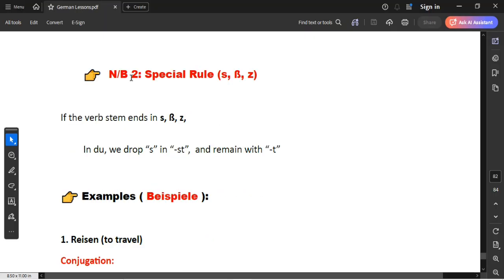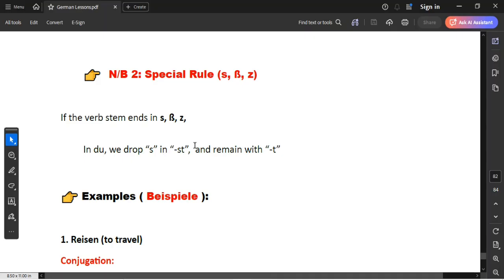Now we have another note, that is note B 2. We have another special rule, which is for s, ß, and z. If the verb stem ends in s, ß, and z, then in du we drop the s in st and remain with only t.